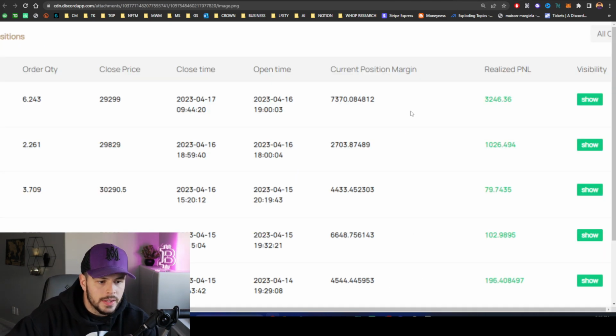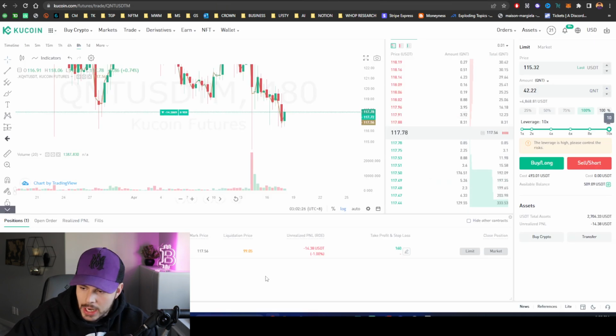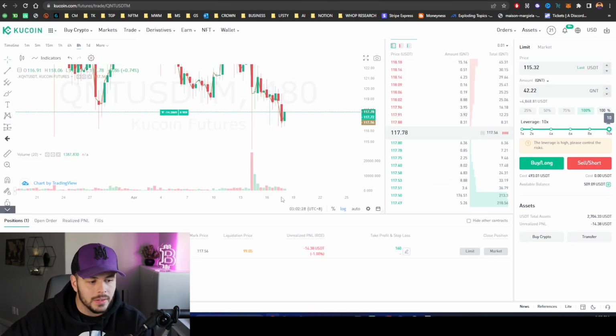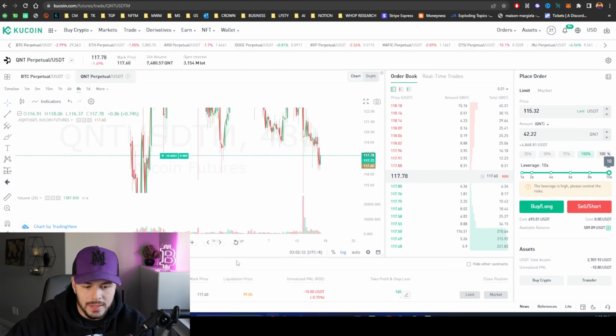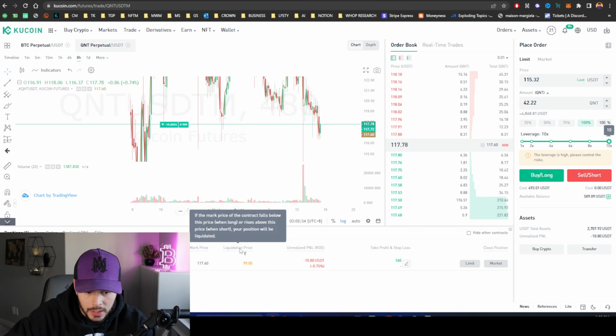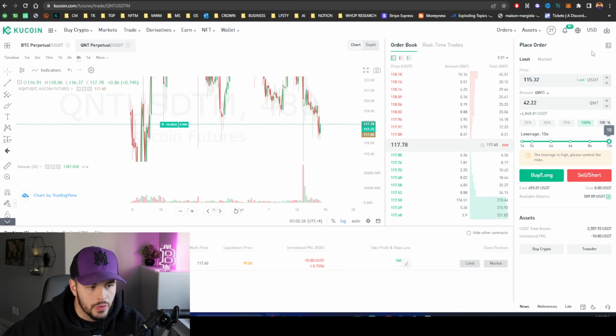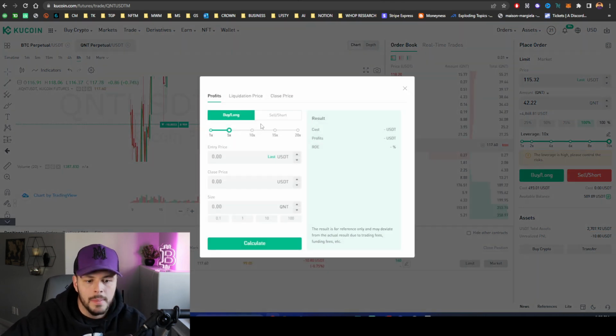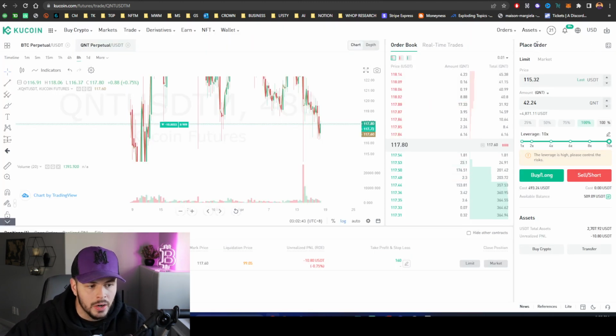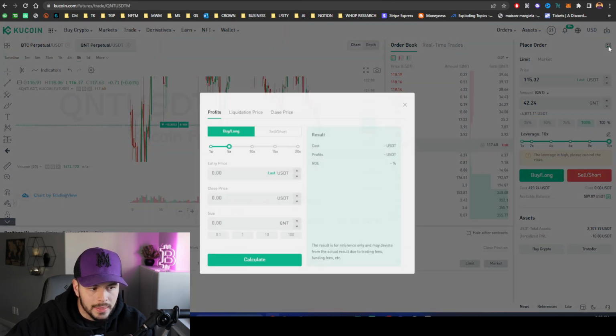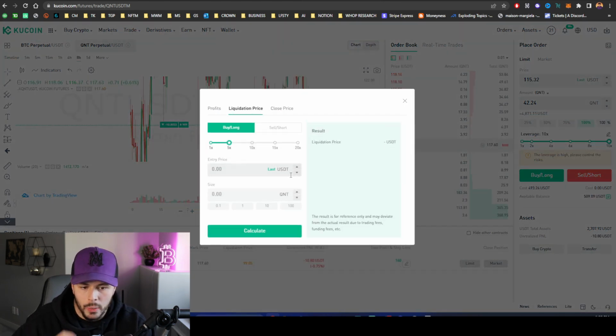Here's the thing though. If you go to your liquidation price, you lose that entire bag. If I put 500 in, I'd lose that entire bag. How your liquidation price is calculated is based on a couple different things. If you're on KuCoin, please make sure you're using the liquidation calculator. Come over here to the top right, click this little button, and you have a liquidation price calculator.